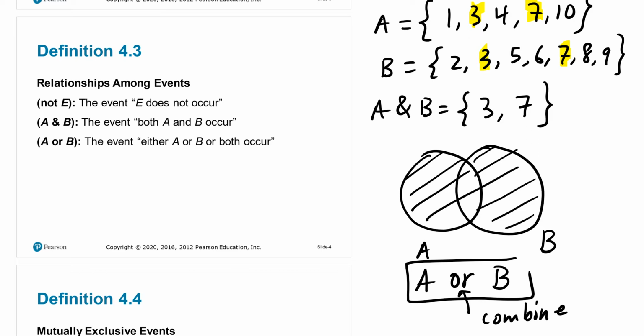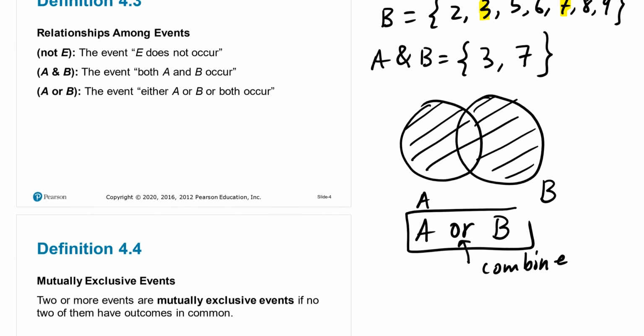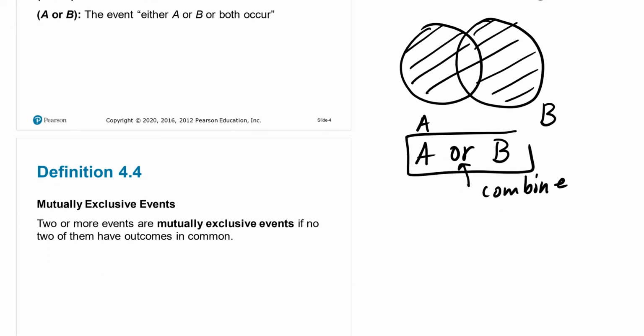So let's look at an example related to the deck of cards. Let's say we have an experiment where we randomly choose a card from the 52 card deck. Let A be the event that the card selected is the King of Hearts.